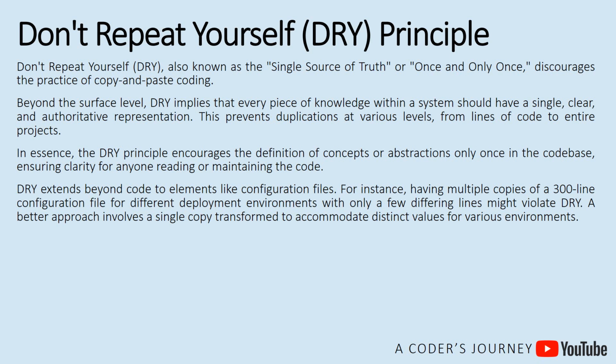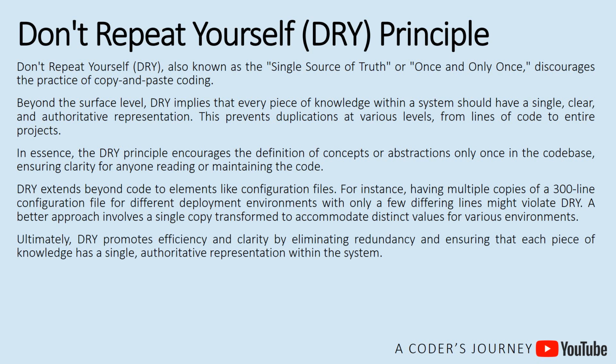Whenever you see that you have code duplication in different parts of your projects, even in your configuration files, this means that you are violating the DRY principle. A better approach involves a single copy transformed to accommodate distinct values for different environments.